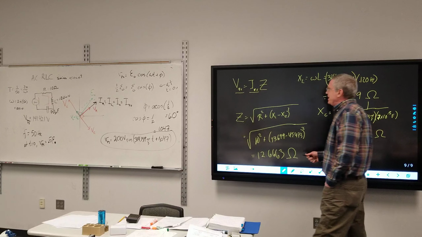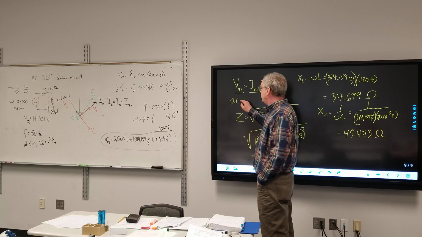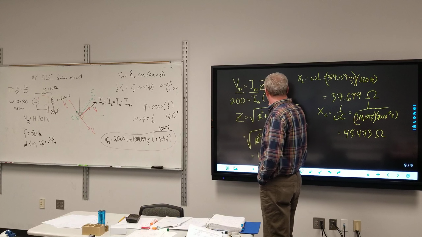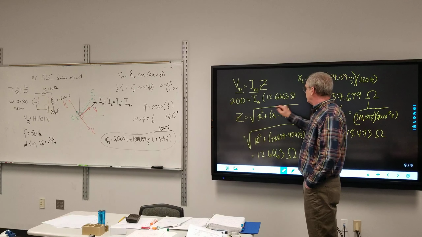So I now know the impedance. I know my maximum voltage is 200. That's going to be equal to my maximum current times 12.6663 ohms.